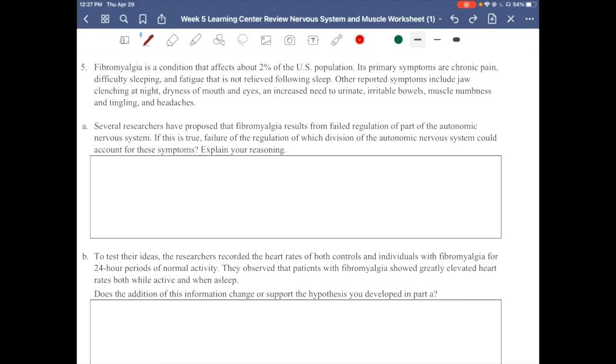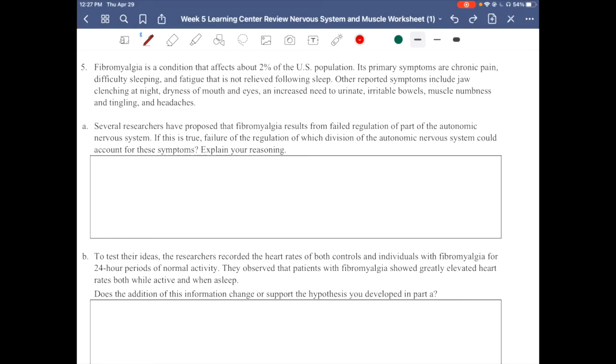All right, so for this one, they're asking which it is, the sympathetic or the parasympathetic failure that would cause all of these symptoms? And I would say, given the symptoms alone, we could say that hyperactivity of the parasympathetic system could be one cause of this disease, and it accounts for all of the symptoms with the exception of dry mouth and muscle problems.